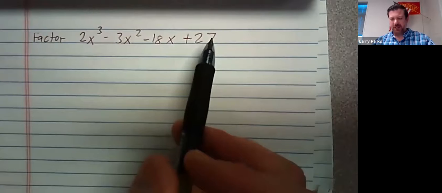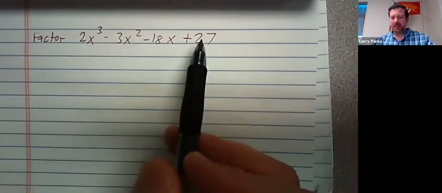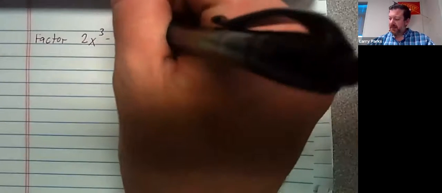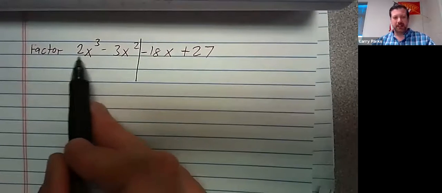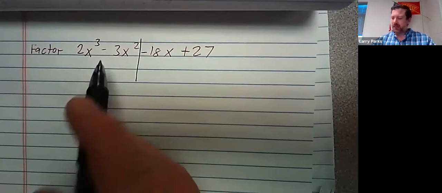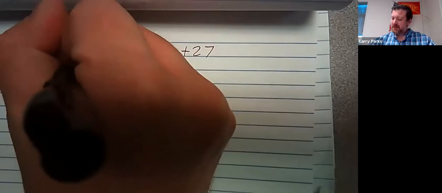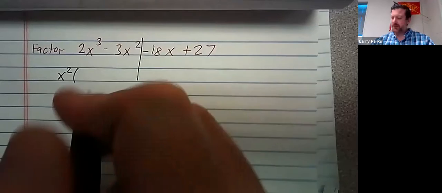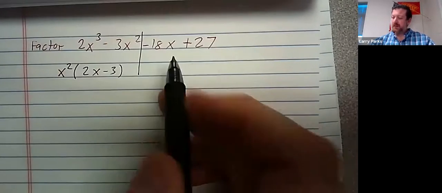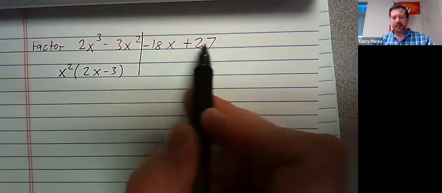There's no GCF. There's no x's in all of them. So you take it and break it in half. This is called factoring by grouping. You look over here, what do they have in common? They have an x squared in common. What's left over? 2x minus 3. Over here, you factor this GCF.